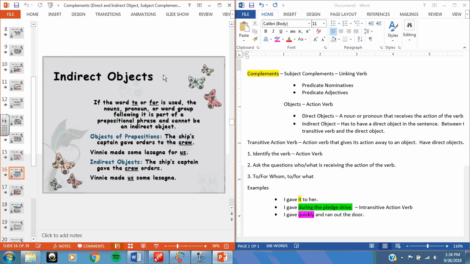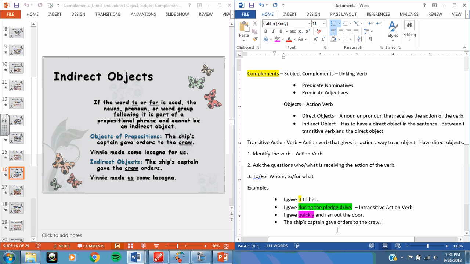That's really important. The ship's captain gave orders to the crew. So, once again, it does seem like we have an indirect object here because it answers the question to or for whom, right? If I go through my progression, I'd say I have this verb gave, who or what was given, orders were given, I have a direct object.